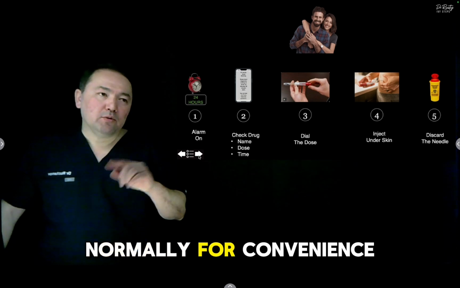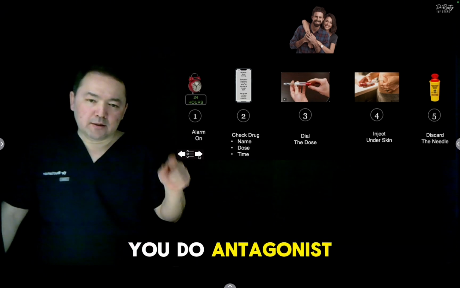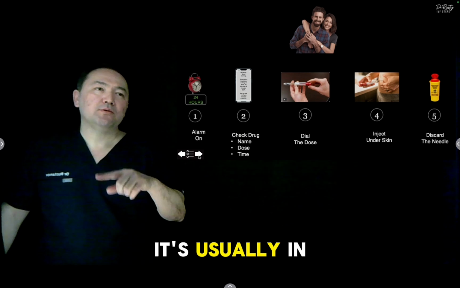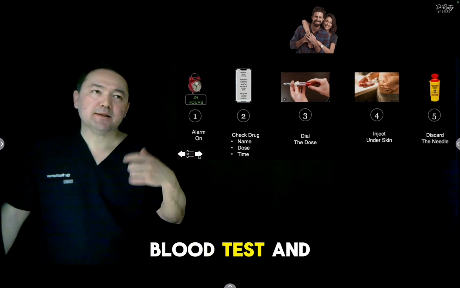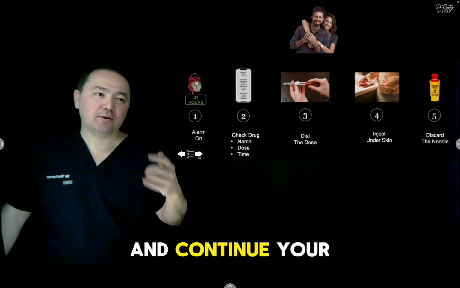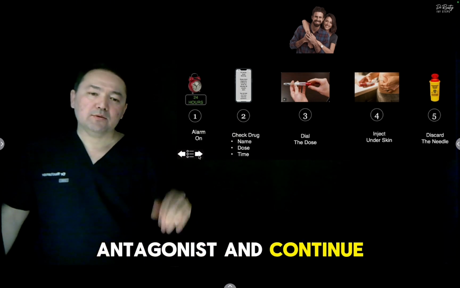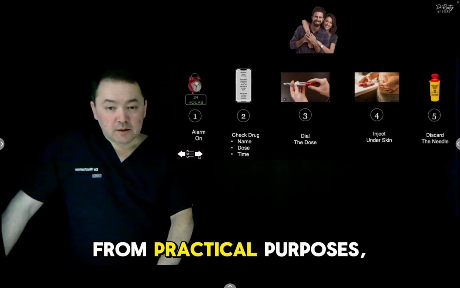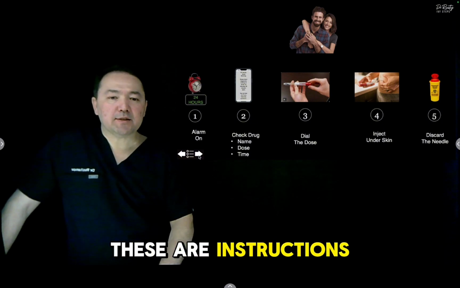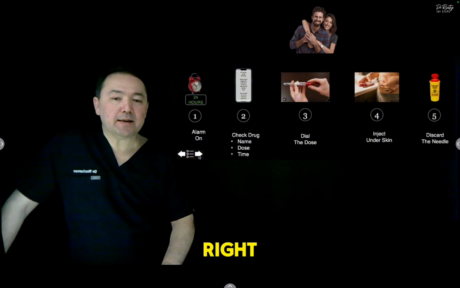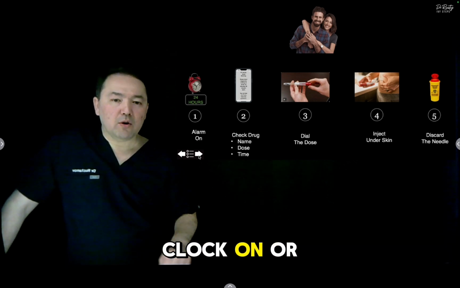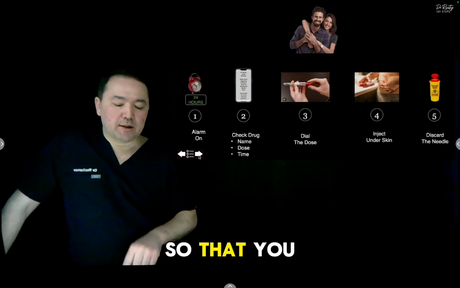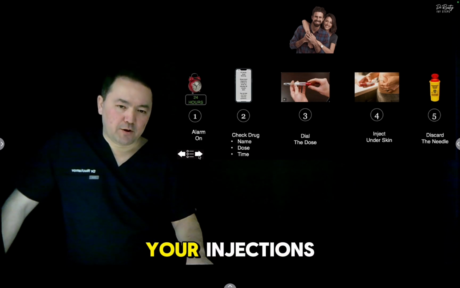Normally, for convenience, you do antagonist and FSH around the same time, usually in the evening. Once you get blood test and scan reports, you get instructions saying continue your antagonist and continue your FSH injections. From a practical point of view, to get these injections right, you need to put an alarm clock or notification on so that you always remember it's time for your injections.